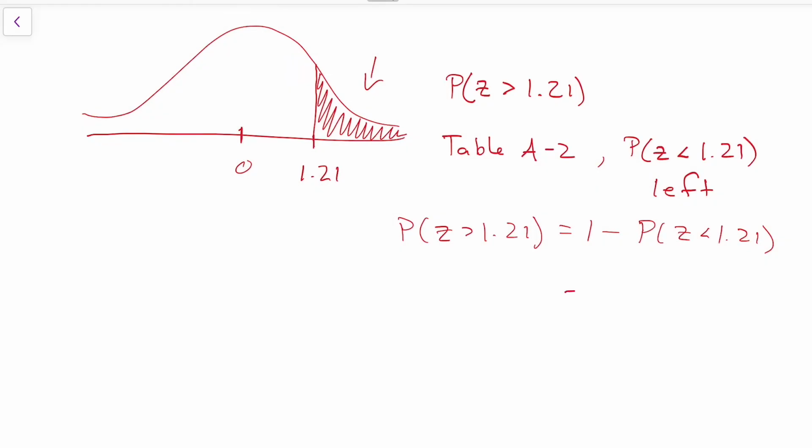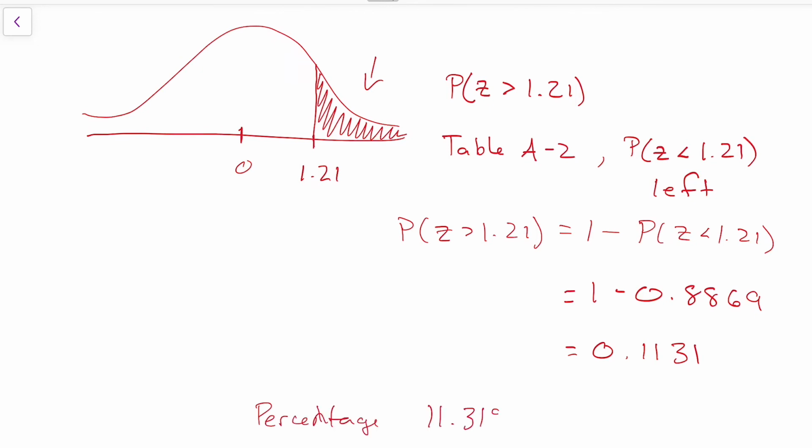Okay, so we found that probability. So I can get 1 minus 0.8869 and give me an answer of 0.1131. Now the problem asks, what's the percentage of men taller than 72 inches? So we get the percentage as being 11.31%.